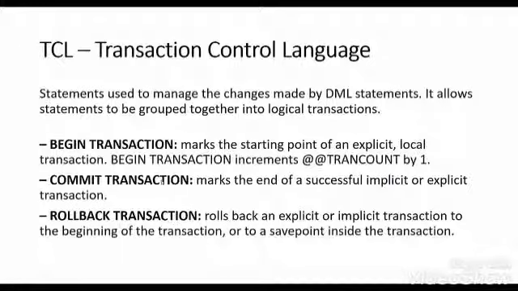Commit transaction means that the transaction is committed. Let's say within begin and commit transaction, you have 4 insert statements. They will insert 4 records at once, and if anything fails in between, they will roll back the previous insert statements that were done, right? Third is the rollback transaction. It rolls back the transaction that you have started.